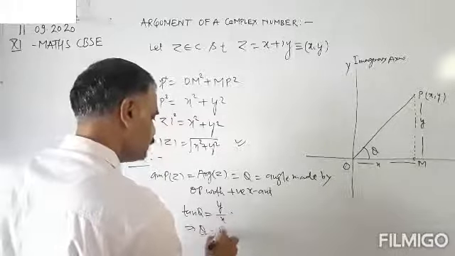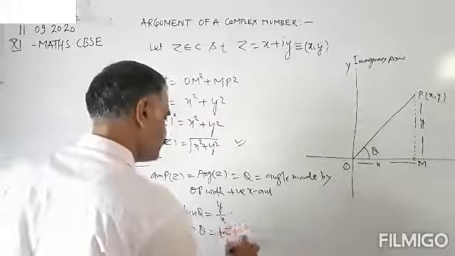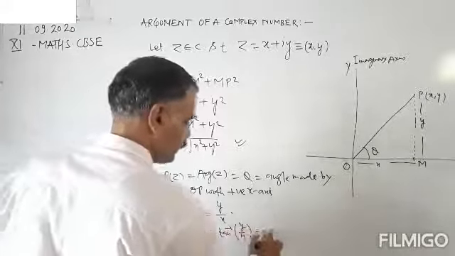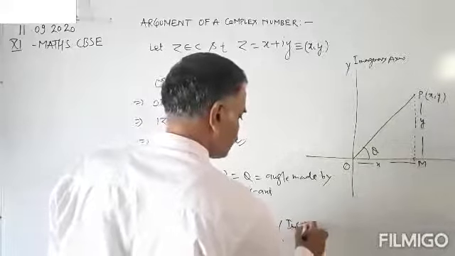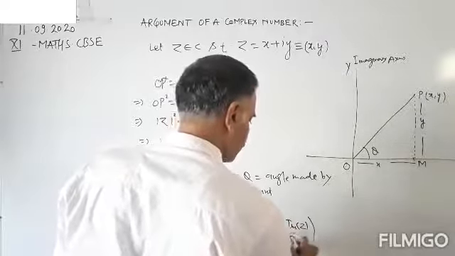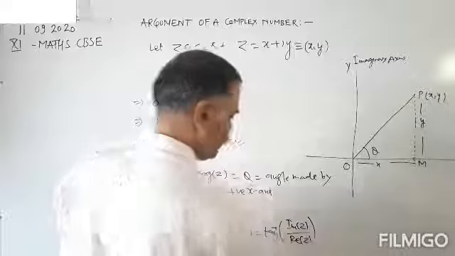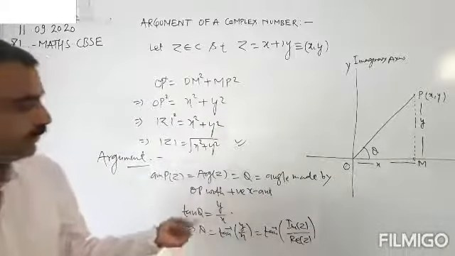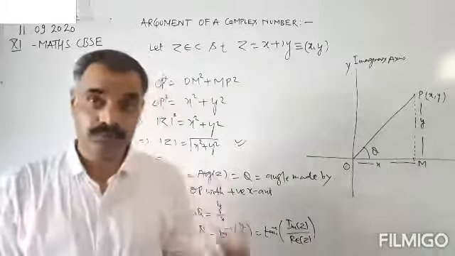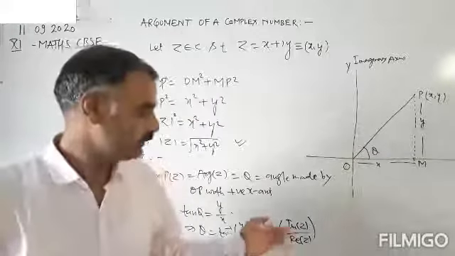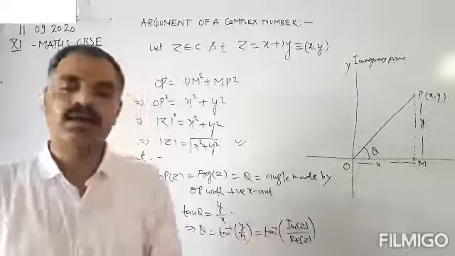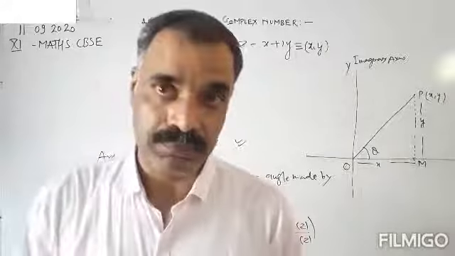So theta is equal to tan inverse y upon x, where y is the imaginary part of z divided by the real part of z. So argument theta or amplitude theta is equal to tan inverse of the imaginary part divided by the real part.